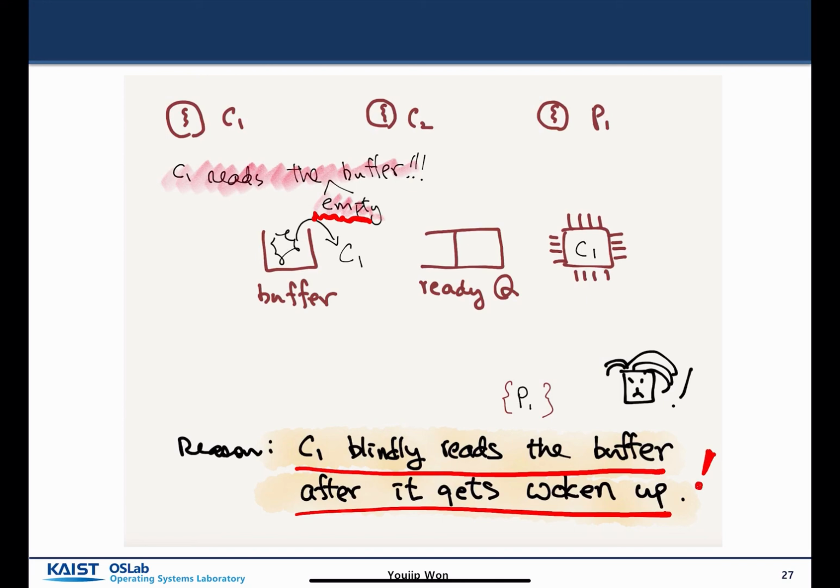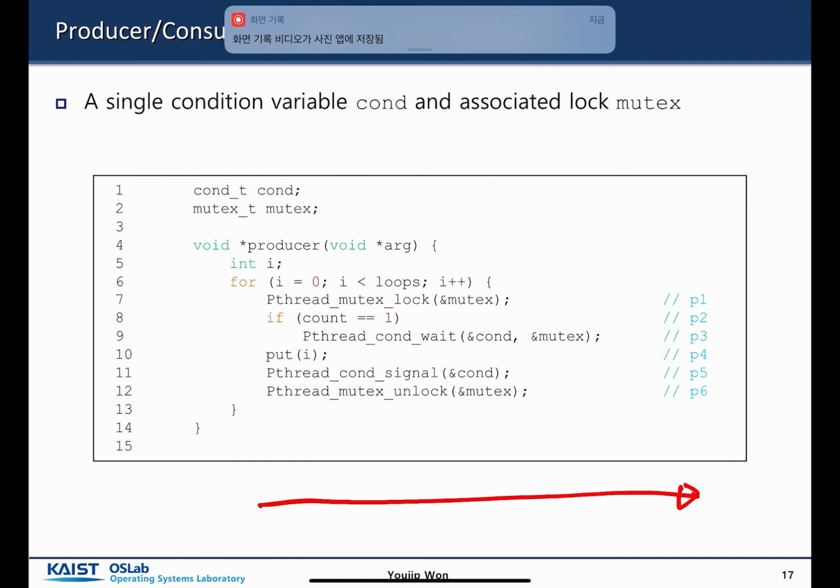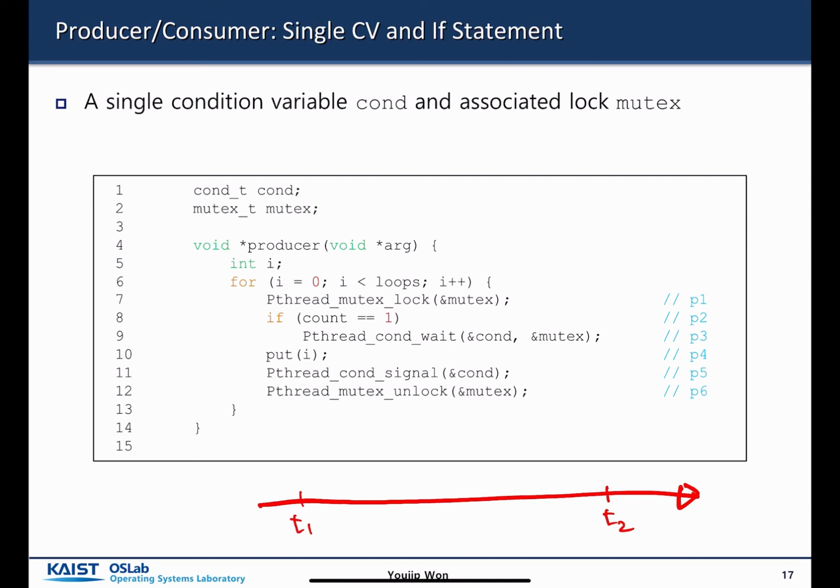Okay. The source of this problem is the if statement. Let's get back to the code. This happens between the change in the state of the system. There's T1 and there's T2. The consumer thread gets woken up at T1. So C1 gets woken up, and C1 gets executed.